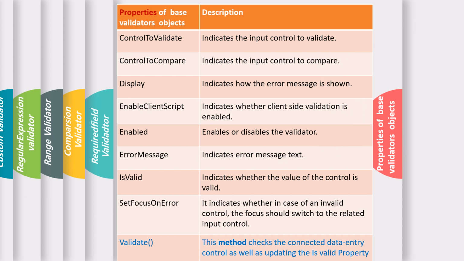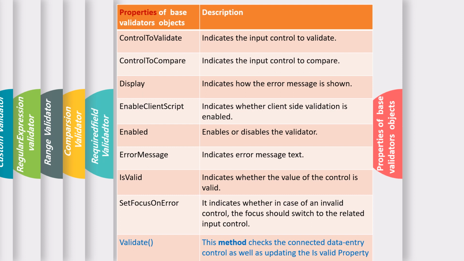Before studying all these validators, we need to know some of the common properties of the validator objects. The first one is control to validate, which indicates the input control to validate. The next one is control to compare, which indicates the input control to compare.